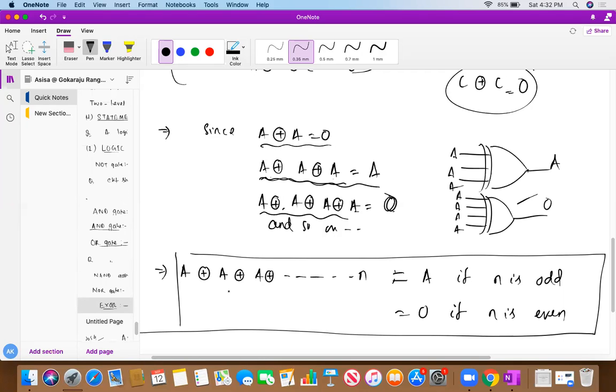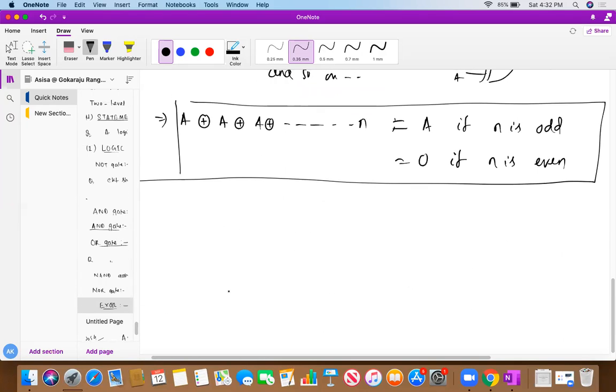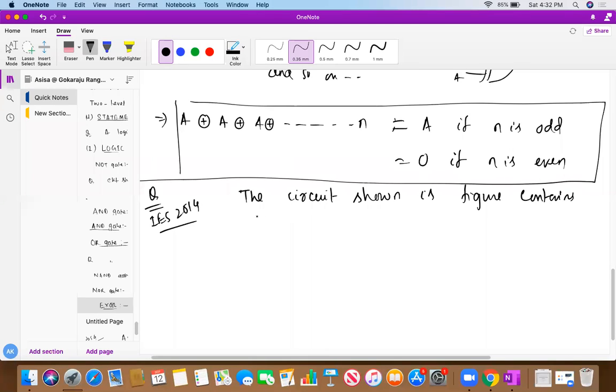Now we'll do some problems which actually came in the IAS exam 2014. Just see the question that actually came in the exam. The circuit shown in the figure contains a cascade of 20 XOR gates.